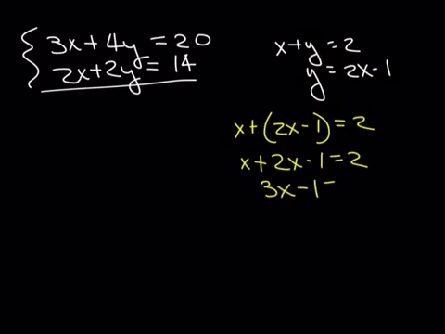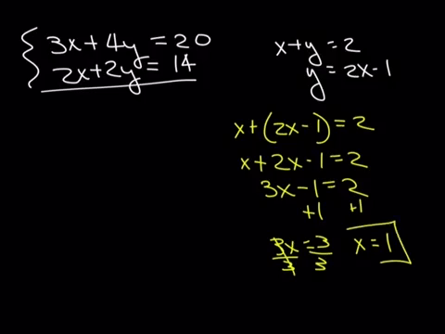3x minus 1 equals 2. I'm going to add 1 to both sides, and I get 3x equals 3. Divide by 3. Divide by 3, those cancel. X equals 3 over 3, or x equals 1. Okay? So, I didn't have to do anything to eliminate one of the variables like I did in the elimination method.